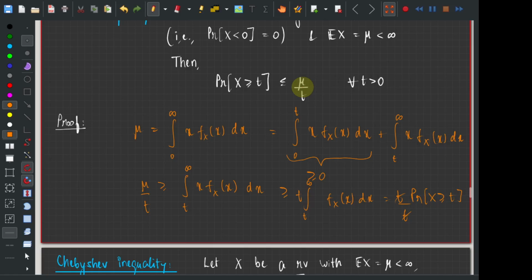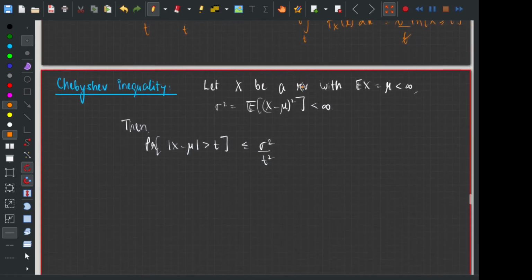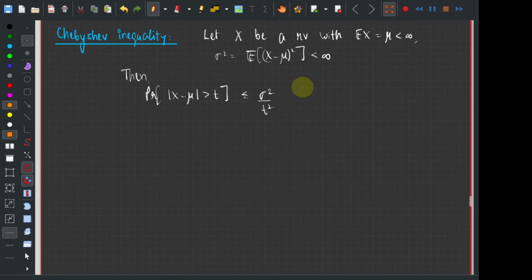But on the other hand, it turns out that this is very useful in deriving tighter bounds. Although the Markov inequality is in itself pretty weak, it surprisingly can be used to derive much better bounds for much more general random variables. So we'll see one such example right away, the Chebyshev inequality. Suppose I have a general random variable with finite mean and finite variance.